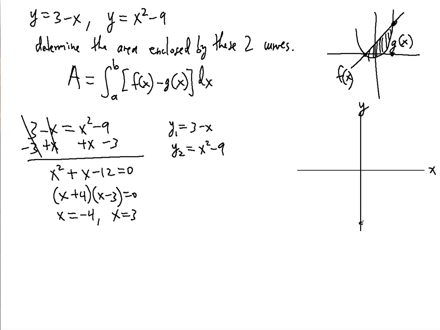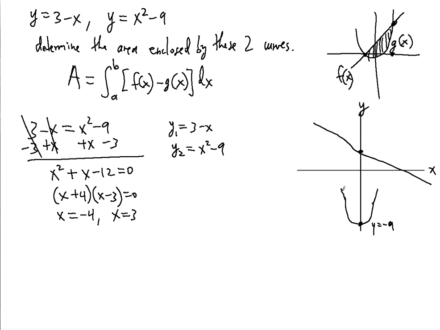It goes all the way up and expands as the y values increase from negative 9. That's the vertex of this parabola. But 3 minus x is a straight line, because x is to the first power, the slope is negative, and the y-intercept is 3. So it's somewhere here, and it's going this way.